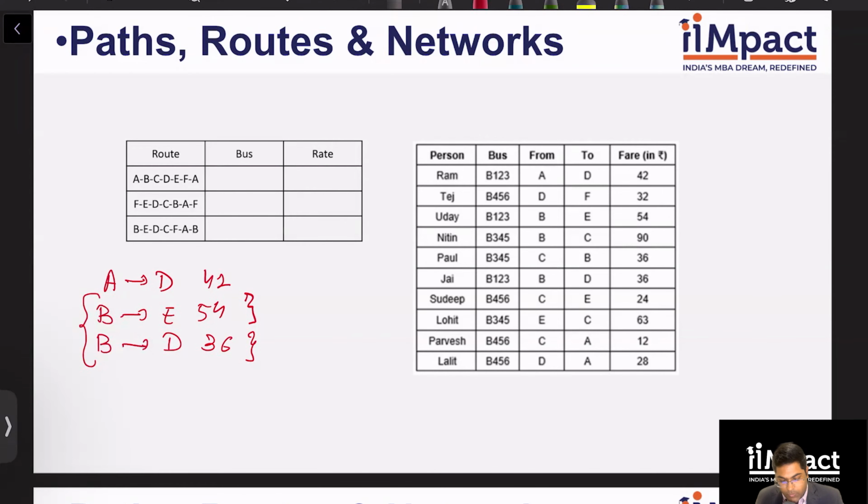In route number 1, yes, B to D is shorter than B to E, so this could be B123. In route number 2, B to E is shorter, so this cannot be B123. And again in route number 3, B to E is shorter, so this also cannot be B123. So clearly this is the route where B123 is operating.